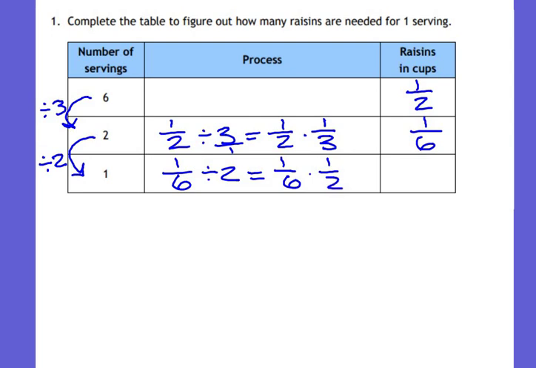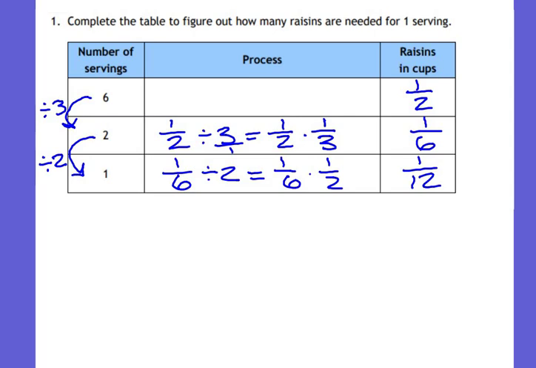And we get 1/6 times 1/2, which gives us 1/12 is the amount of cups of raisins I need for 1 serving. So she brought this down to 1 serving.